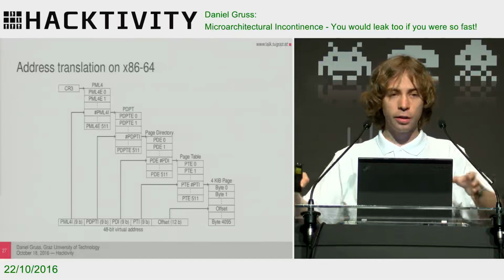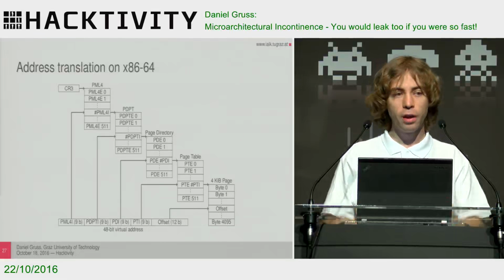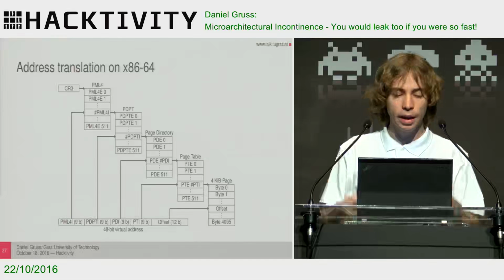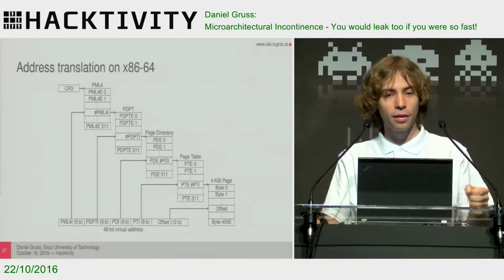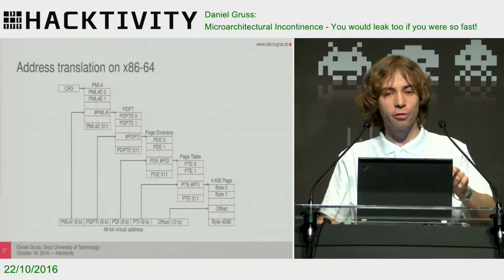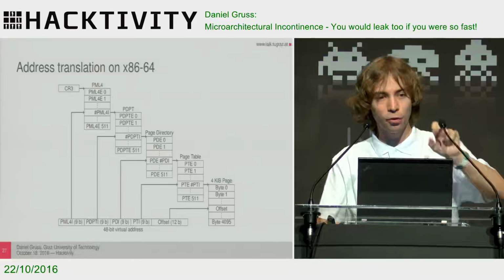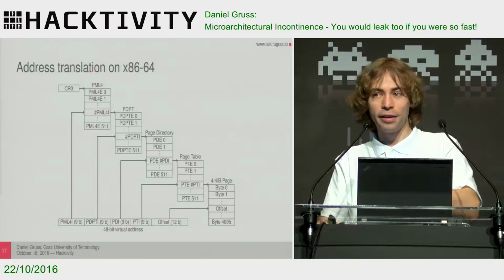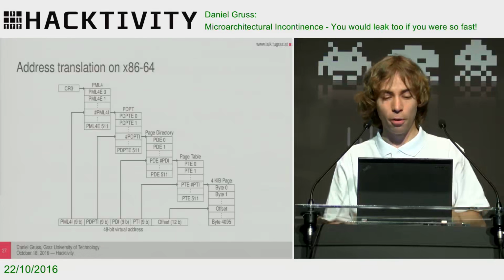You can put the kernel to the null pointer, you can let it start there, you can put it to -2 gigabytes or -1 gigabytes. You can put it wherever you want. And this causes a lot of trouble here because the prefetch instruction cannot know where the kernel is. So it has to do some translation to find out whether it actually should prefetch the kernel now.